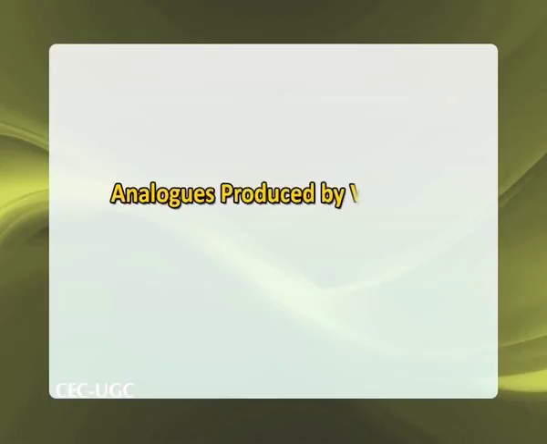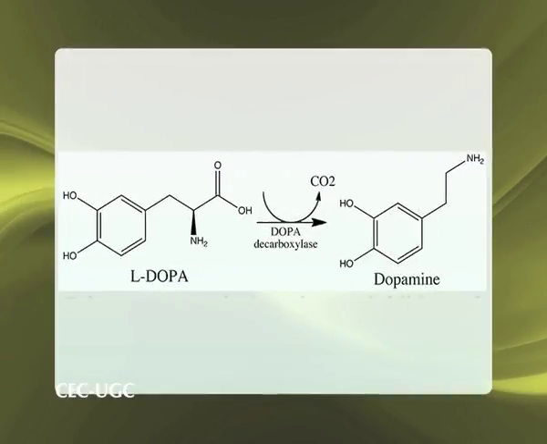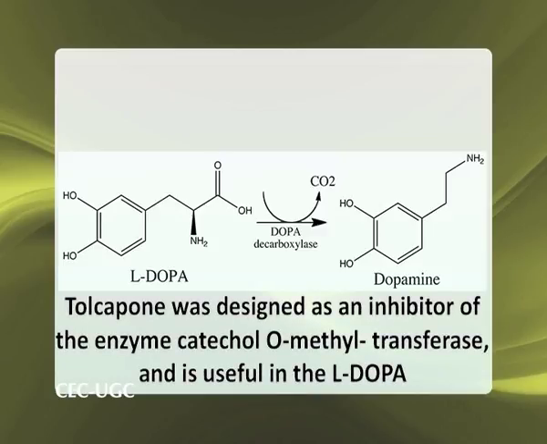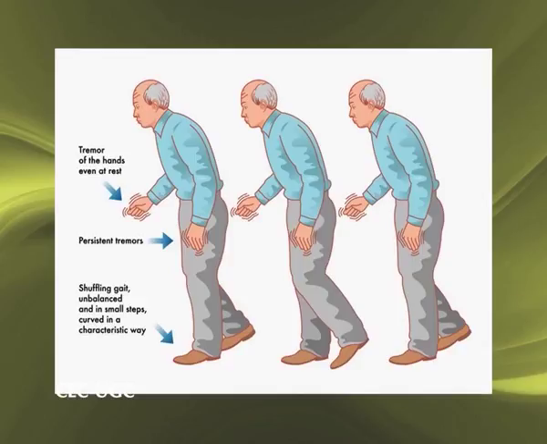Analogues produced by analogy. Tolcapone was designed as an inhibitor of the enzyme catechol O-methyl transferase and is useful in the L-DOPA treatment of Parkinson's disease. In avoiding the methylation of L-DOPA as well as that of dopamine, it prolongs the beneficial activities of these molecules.